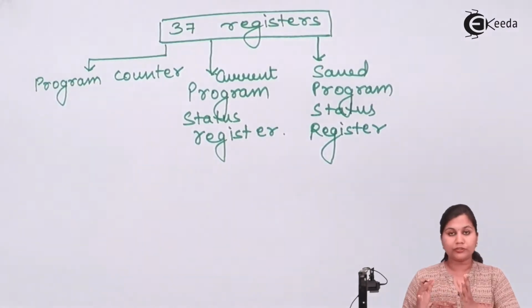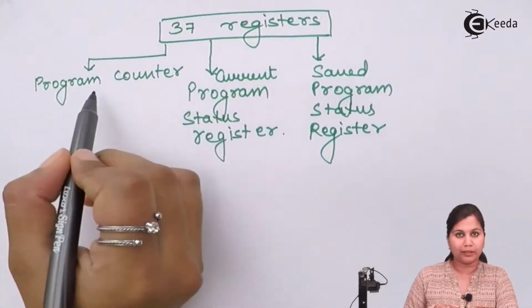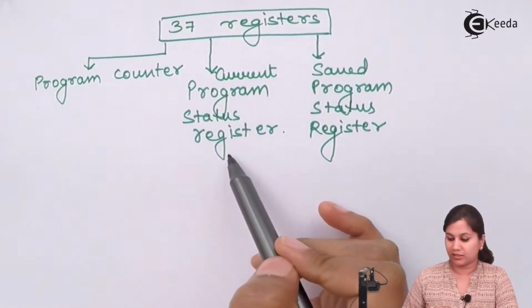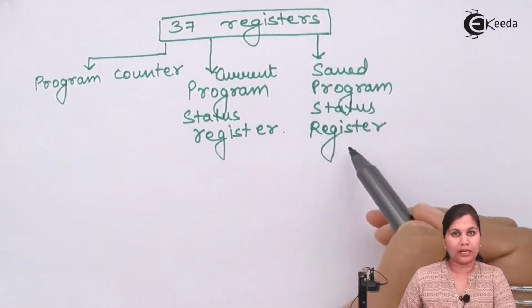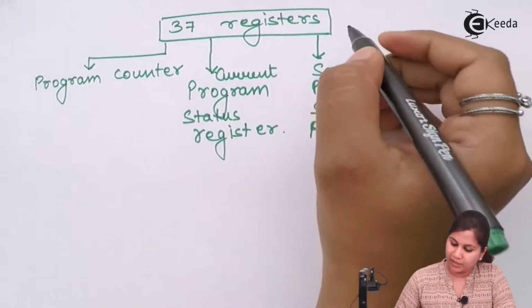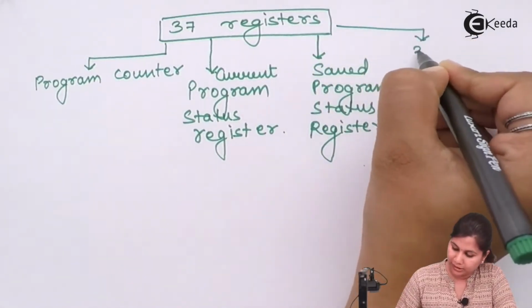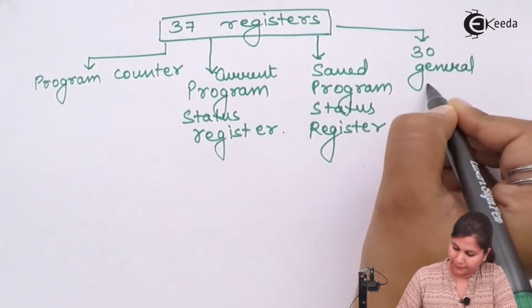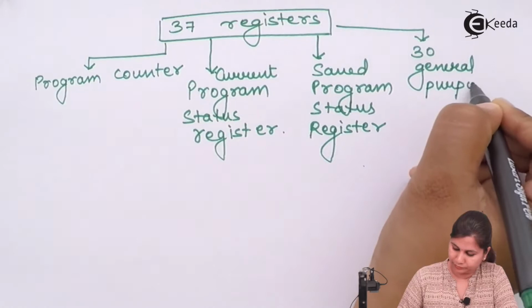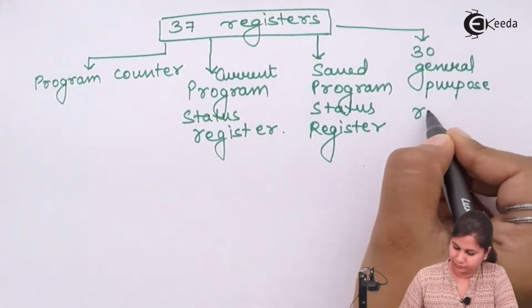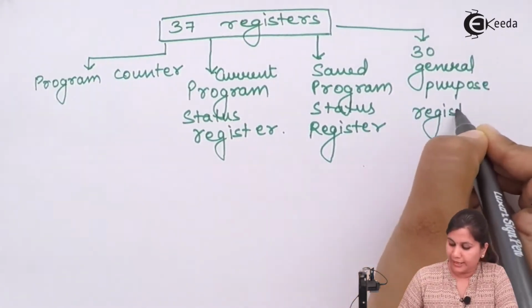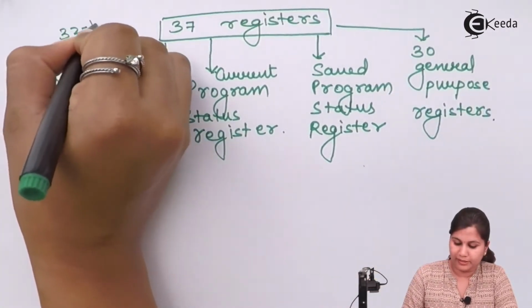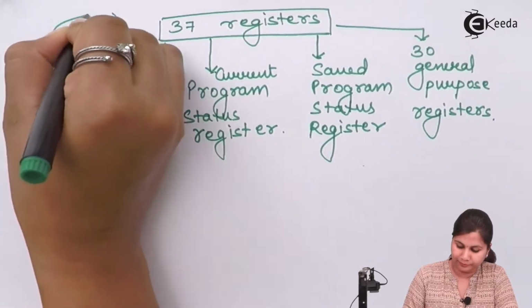So out of the 37, one will be the program counter, one the current program status register, one the saved program status register, and the rest will be the 30 general purpose registers. All these registers are 32-bit registers.